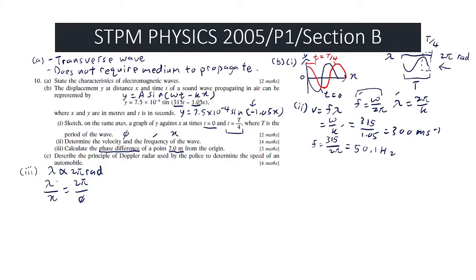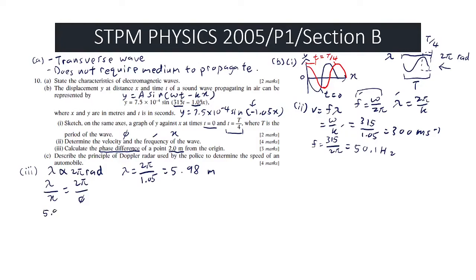And so we have to find out the lambda first. Lambda is given by 2 pi over k, where k is 1.05. So we get 5.98 meter. Now we substitute this inside here.